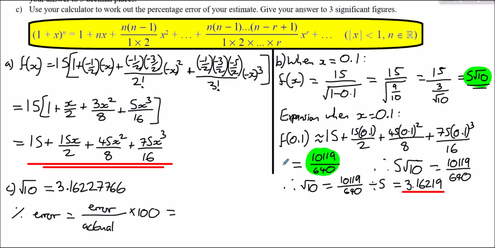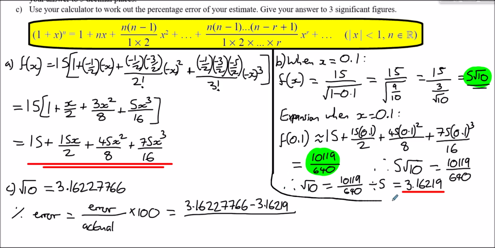So the actual error is going to be the difference between what root 10 actually is on the calculator, 3.16227766, minus this expansion estimate, which we had was 3.16219. All of that divided by the actual answer, 3.16227766. That's the fractional error. Get the percentage error and multiply that by 100.